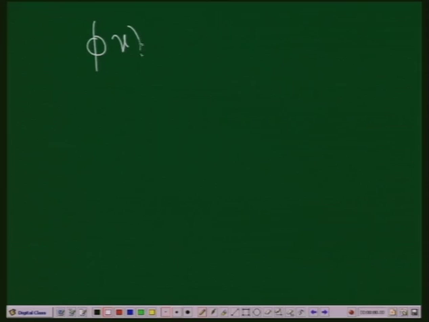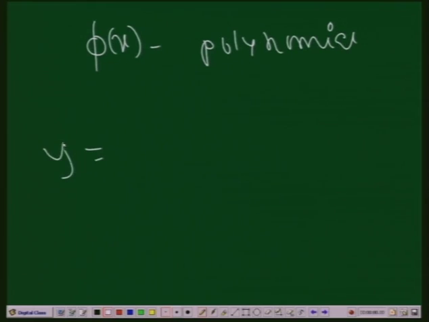Next, the third rule, for polynomial functions, when phi of x is a polynomial. y is equal to 1 by f of D operating on phi of x.